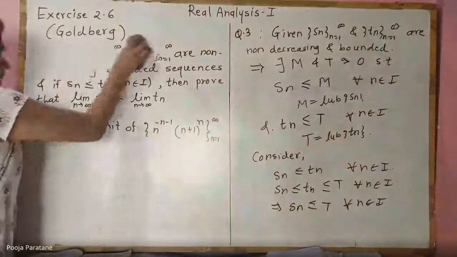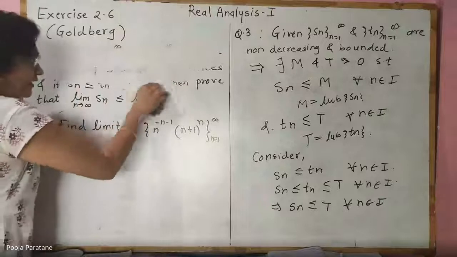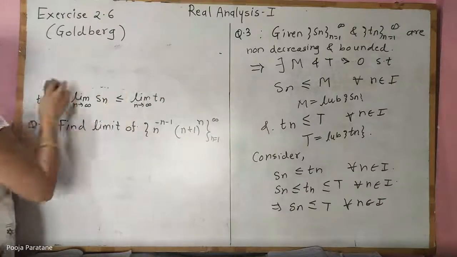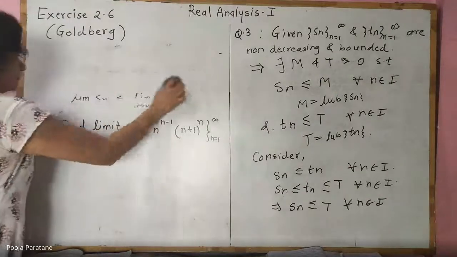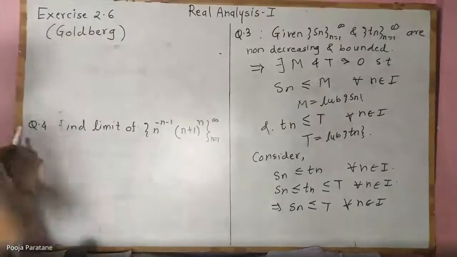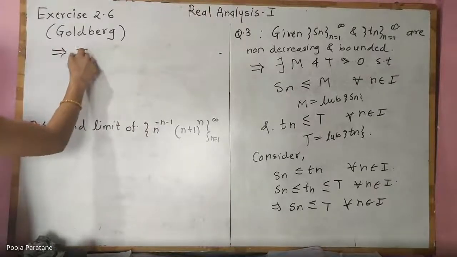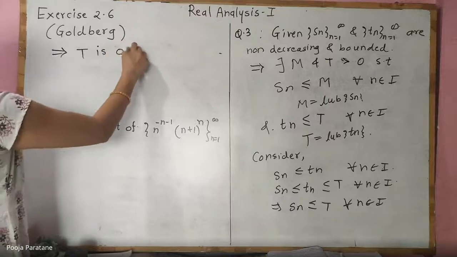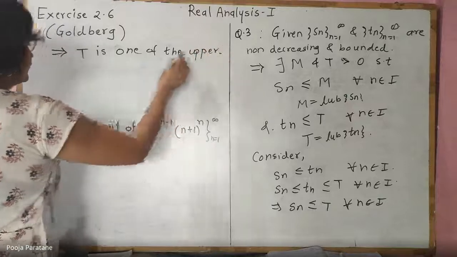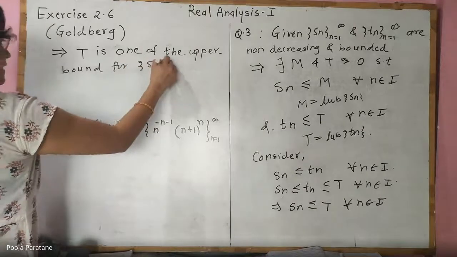So we will write it here. We want to show that limit of Sn is less than or equal to limit of Tn. This implies that T is one of the upper bounds for the sequence Sn.